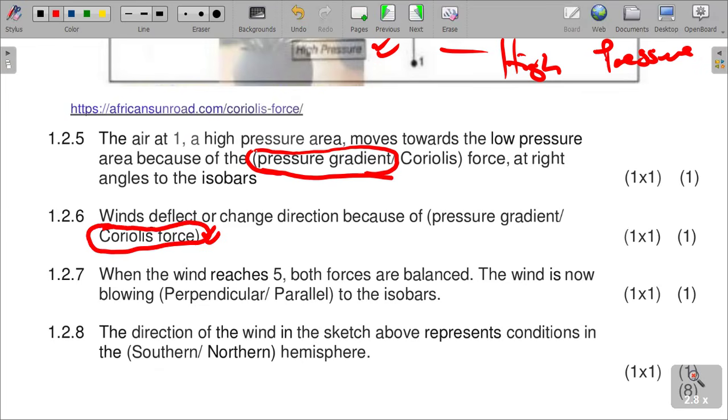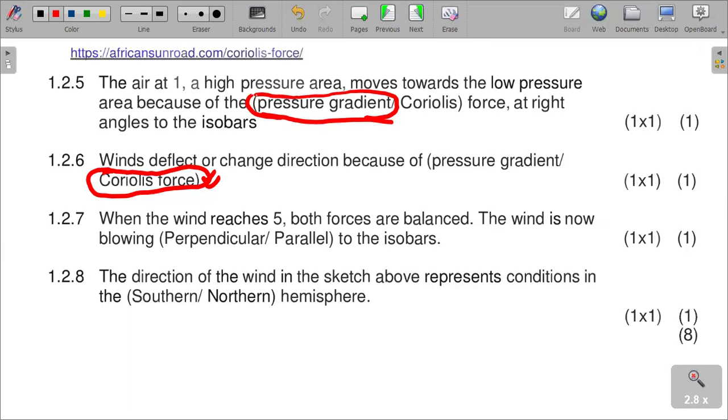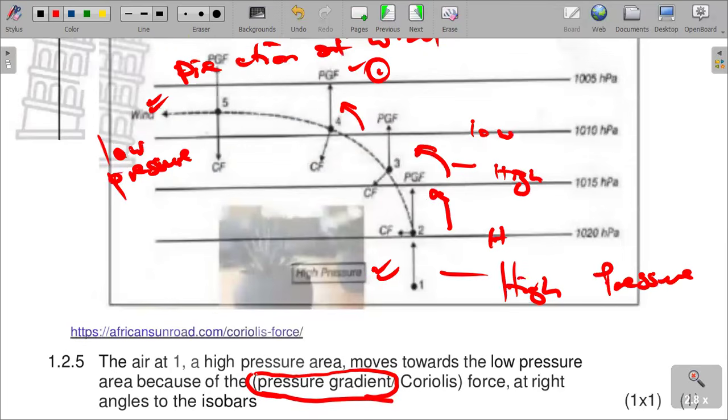So when the wind reaches 5, both forces are balanced. When it reaches 5, the wind is now blowing.